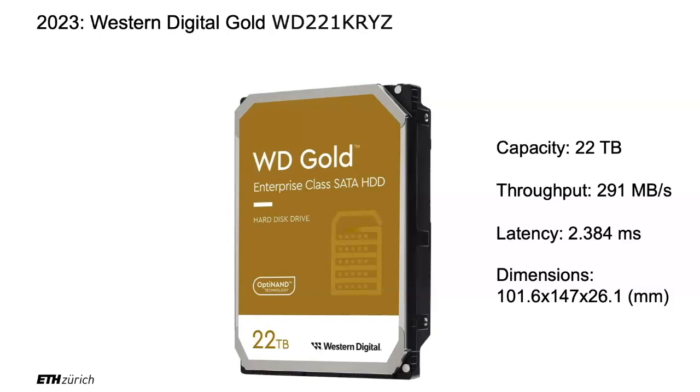It can read 291 megabytes per second, and it just needs 3 milliseconds. And the dimension is like this, right? 20 times 10 centimeters. There's even smaller ones. And there's also even better ones that have flash drives that are even faster than that. But the reason we still use mechanical drives a lot is because they are cheaper. So if you store a lot of data, we actually like this kind of drives.